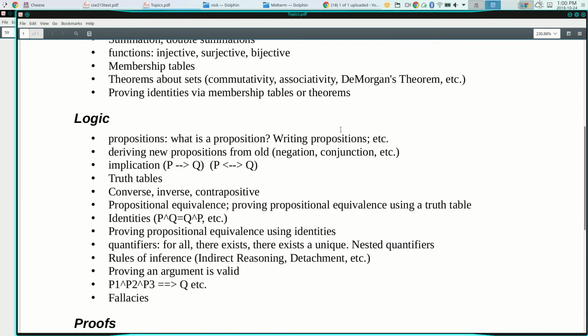The next unit was logic. So we talked about propositions. So what's a proposition? Declarative statement that has a truth value. Okay, if you do that, you can't go wrong. So writing propositions, right, let P be the proposition: today is Monday, or whatever, right?